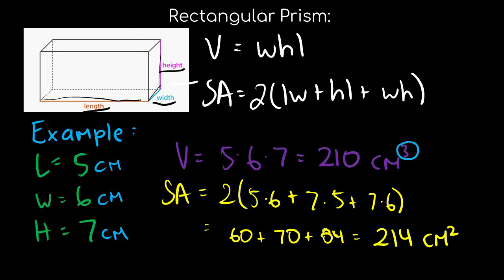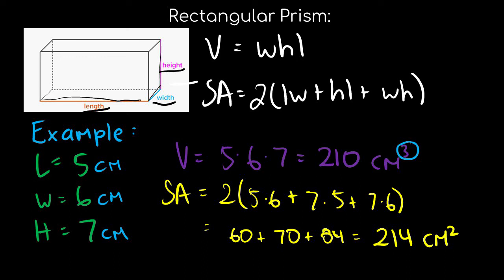This is the surface area now. 2 times, parentheses, 5 times 6 plus 7 times 5 plus 7 times 6. Let's just distribute the 2 on all of these. My last math video is all about the distributive property, and it will be linked at the top if you want to learn about that.